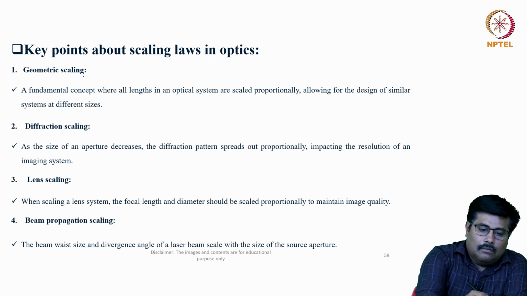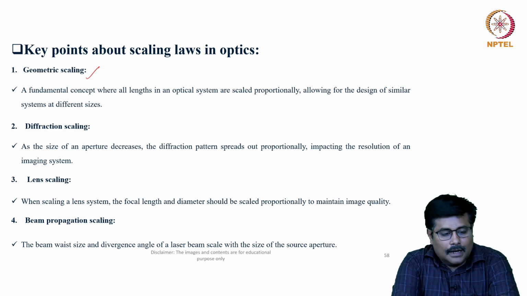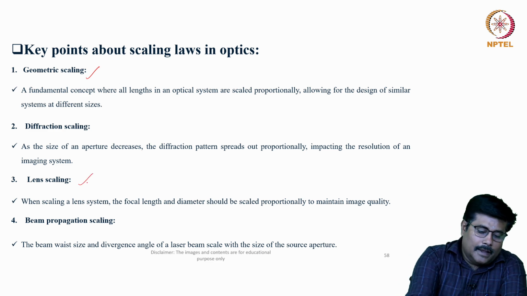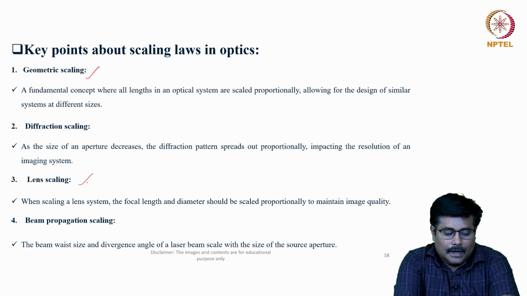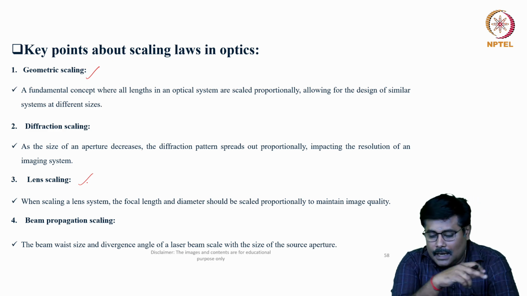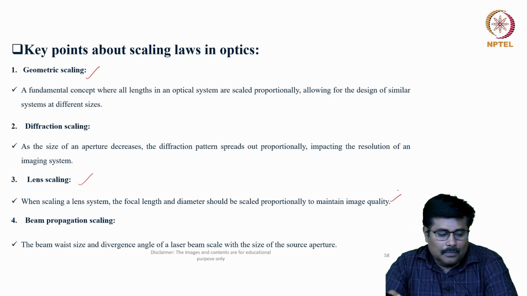From the diffraction scaling point of view, as the size of an aperture decreases, the diffraction pattern spreads out proportionally, impacting the resolution of the imaging system. Next, we have lens scaling. When scaling a lens system, the focal length and the diameter should be scaled proportionally to maintain good image quality.